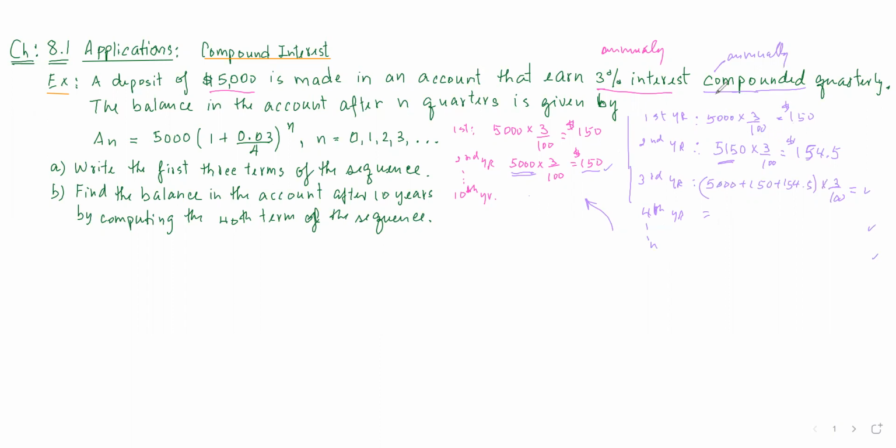Okay, everyone. So in this case, from this idea, they have the formula. Actually, the question gives you this formula already. The formula of compound interest, no matter annually, quarterly, daily, weekly, monthly, you use this one formula only.